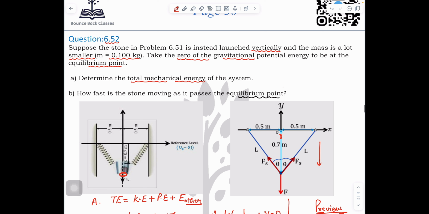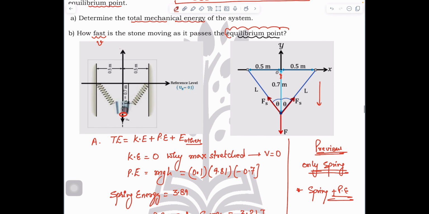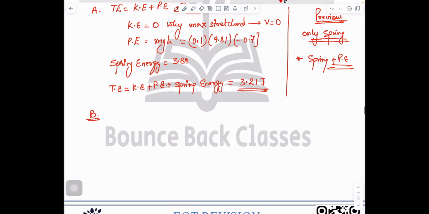Part B is how fast, means we are looking for velocity. Is the stone moving as it passes the equilibrium point? Okay, there is something given, 0 of potential energy at equilibrium point. So at equilibrium point the total energy is equal to kinetic energy plus potential energy. Yes or no? And potential energy is 0, given in the question.